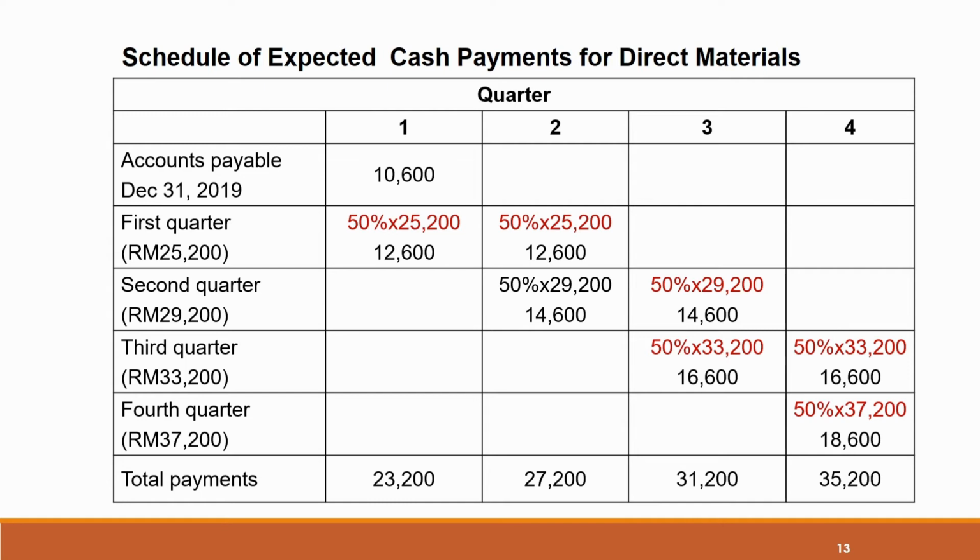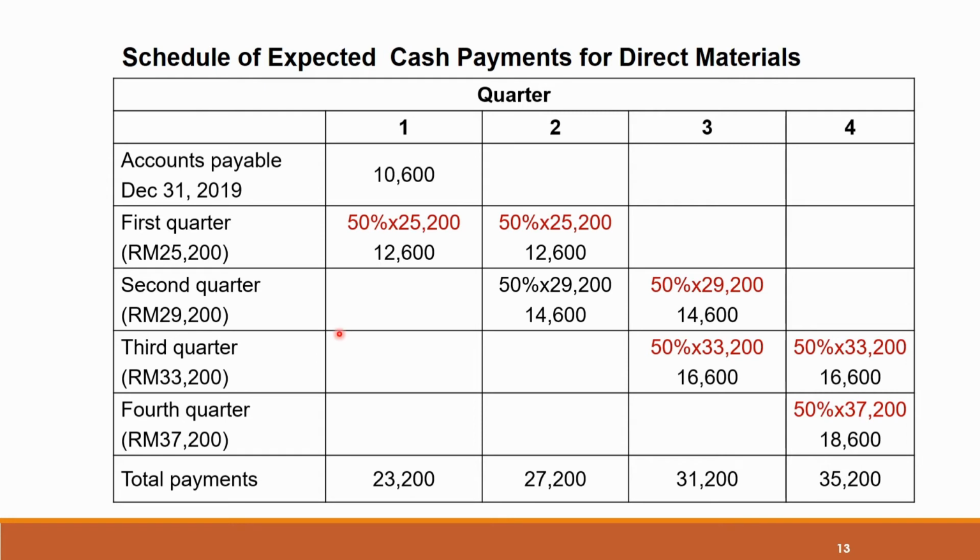And the next one, the third quarter. You can see we will make the cash payment in the current quarter, 50% from 33,200, and the payment is 16,600 in the third quarter. And this one, we have to pay in the following quarter 50% from 33,200 and you get 16,600.